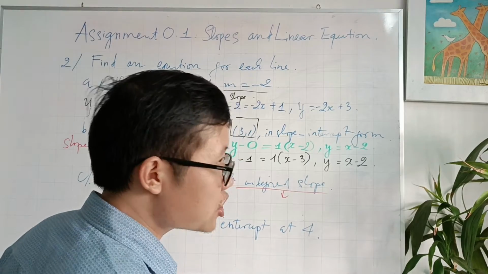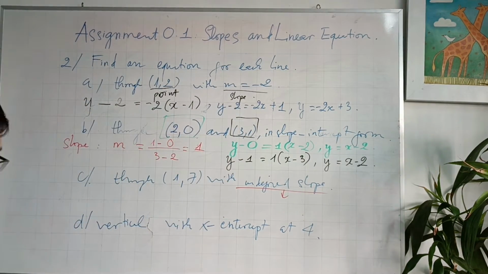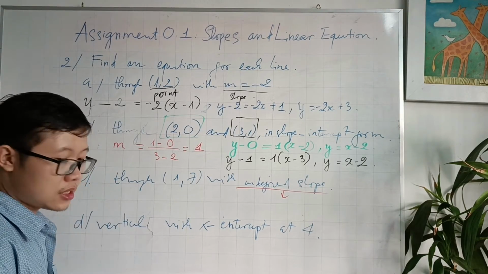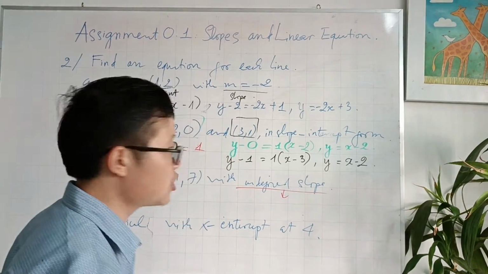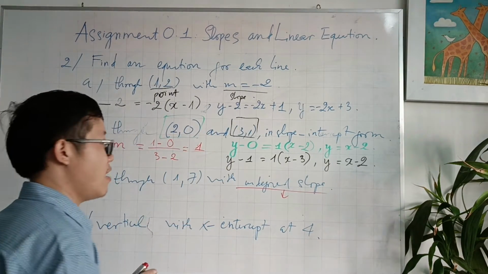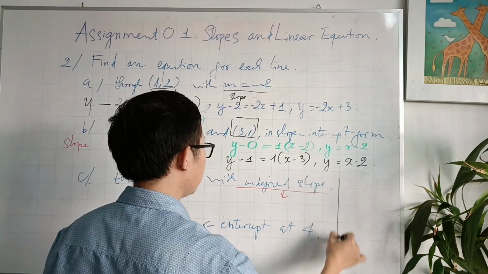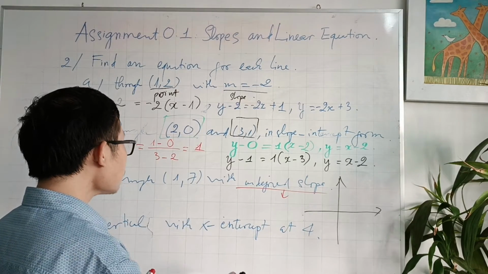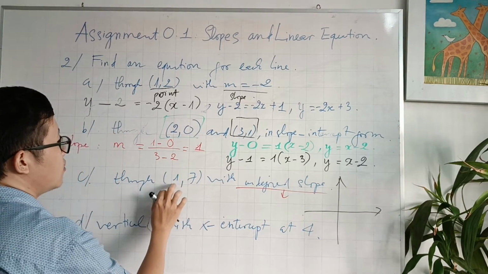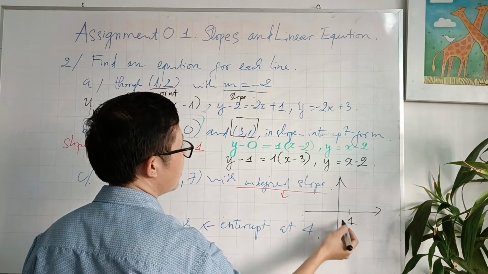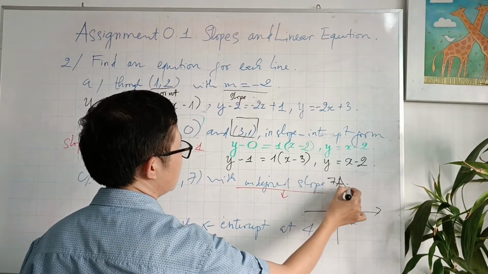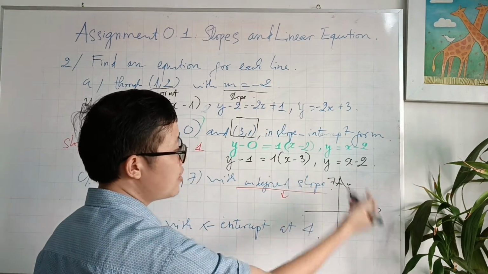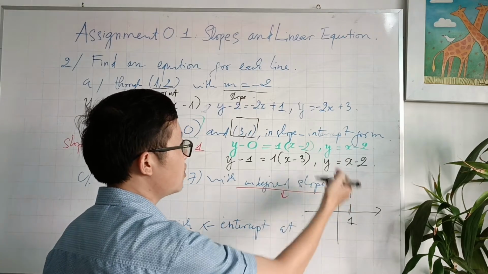I want to sketch a rectangular coordinate system here to illustrate this question. I think that's easy, not difficult, but maybe it gives you some confusion. Here we have a coordinate system, and the line goes through the point 1, 7, maybe here. Go through this point, and undefined slope means that it is perpendicular to the x-axis or parallel to the y-axis.